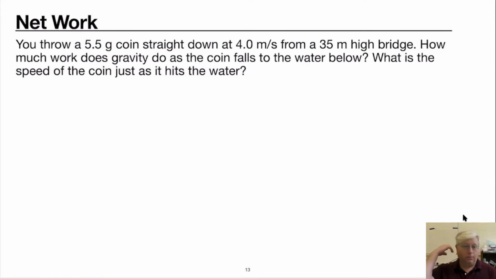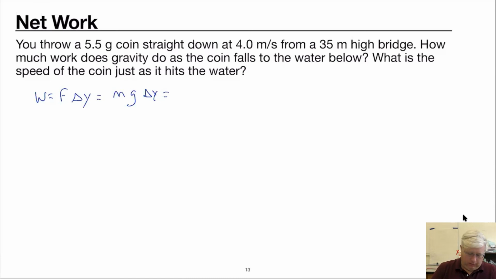Okay, so here it's being thrown straight down. Now we know the work is force times displacement. This is straight down, so I'm going to use delta y. The force doing the work is gravity, the force due to gravity, so I'll write that's mg delta y.